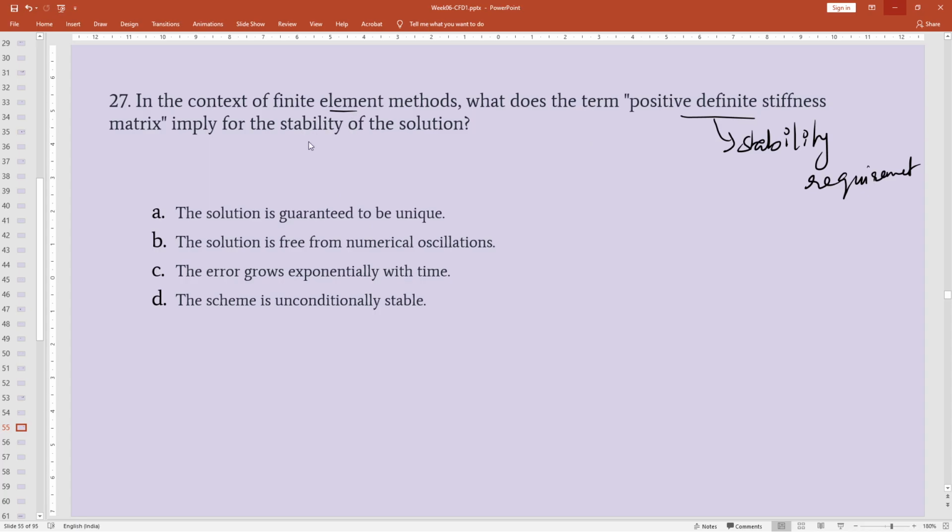The question also discusses stability, so you can just find what is more suitable for stability. That is, the solution is free from numerical oscillations. It should not oscillate. It does not simply stable, but it should not oscillate. When the stiffness matrix becomes positive definite, it will become free from numerical oscillations. Option B is our answer.